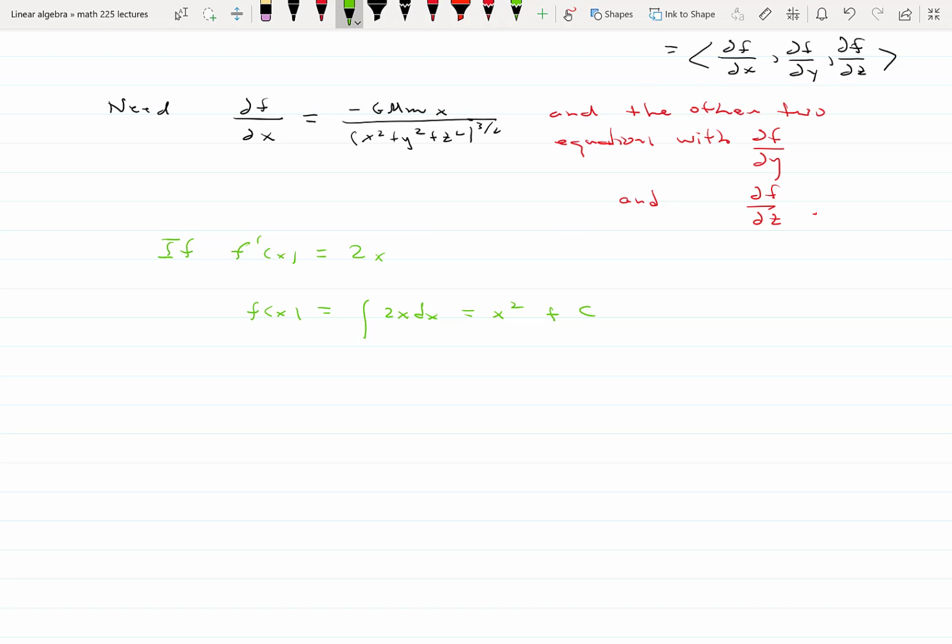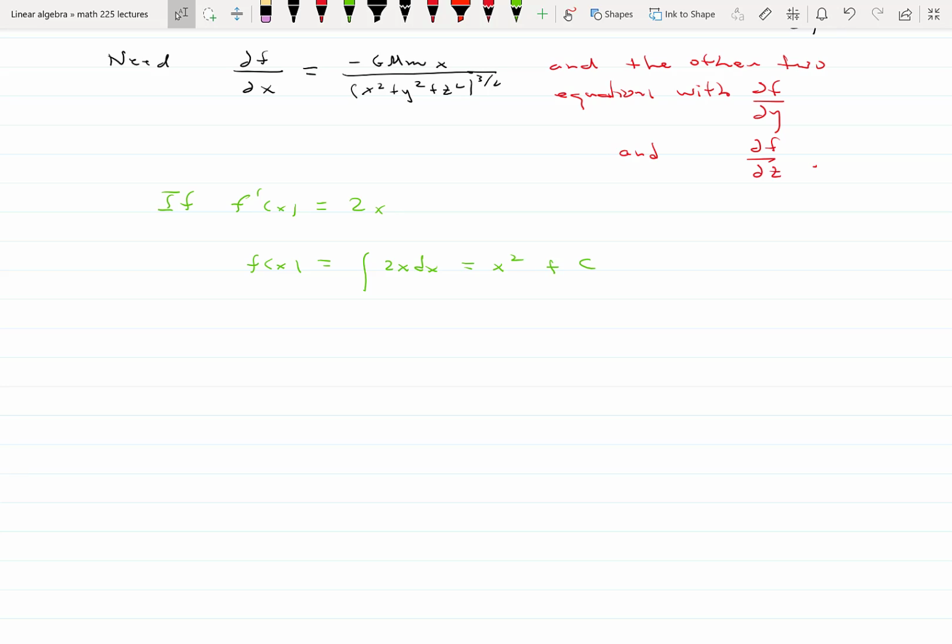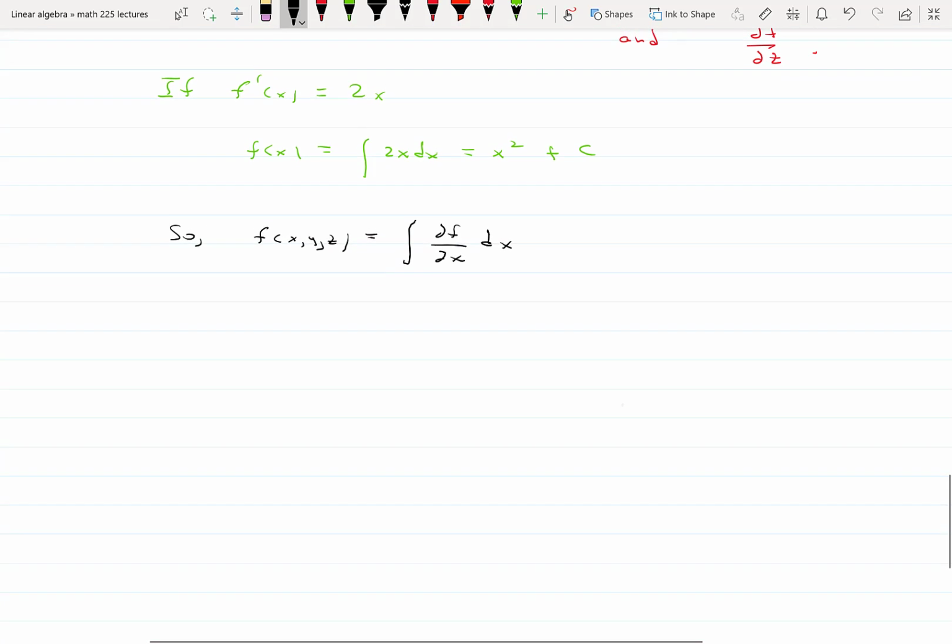We have a similar situation, except it's a partial derivative. So we integrate both sides with respect to x to reconstruct the function. It seems reasonable that f of x, y, z should equal the integral of the partial derivative of f with respect to x, integrated with respect to x.